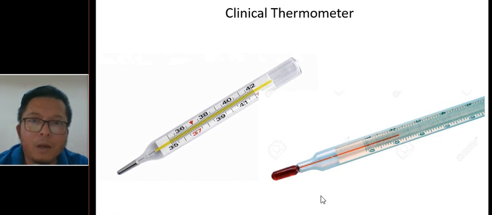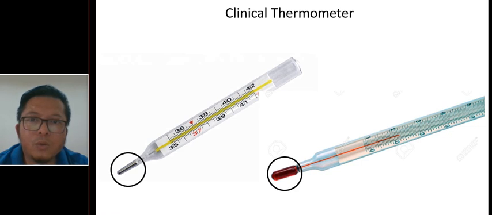Now remember, for my children, we have learned that clinical thermometer have two types, one with silver and one with red. Now the silver would be mercury and the red would be alcohol. Red alcohol, not the alcohol that they used to drink.